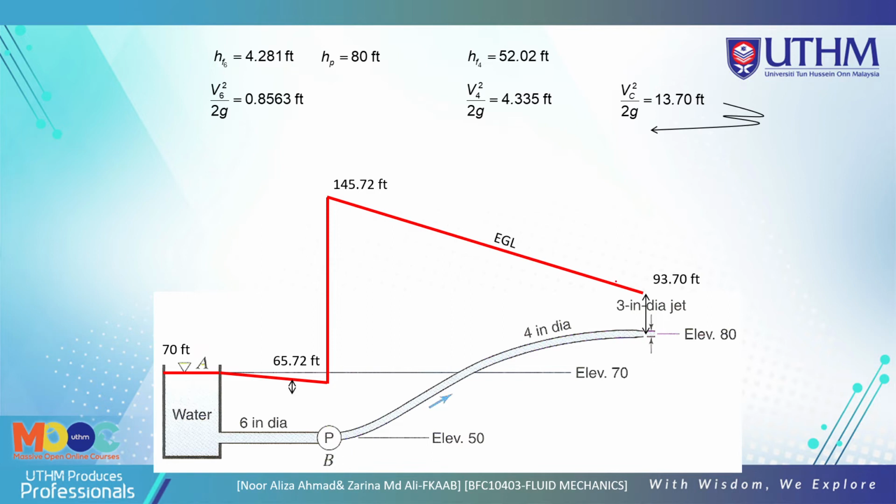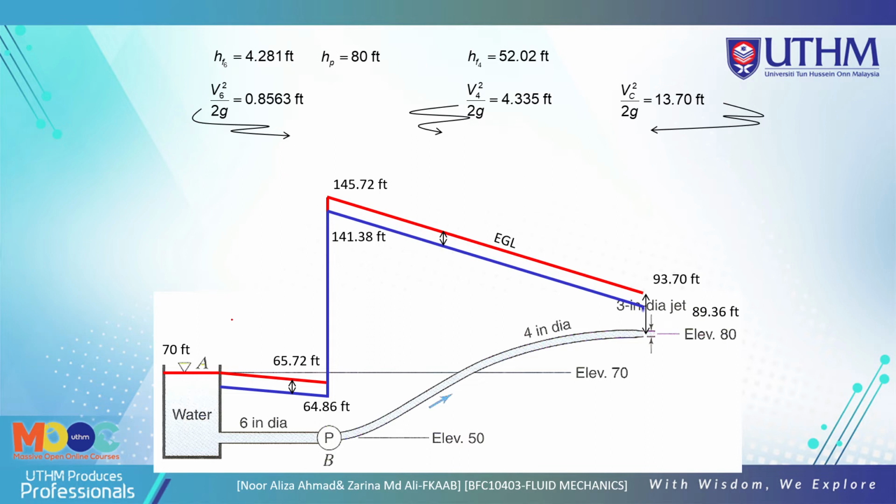So hydraulic grade line for this V6 here, we get 64 point feet and 141. So you get the value of HGL.